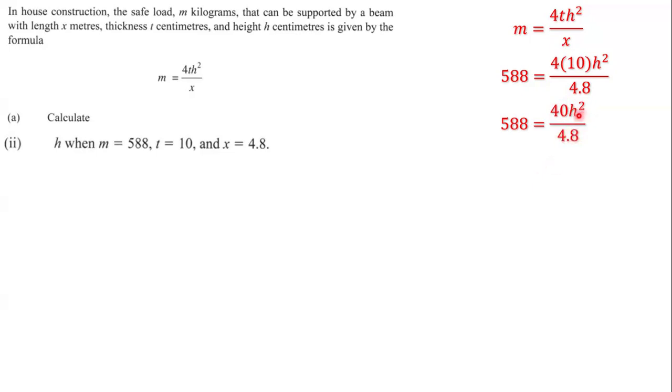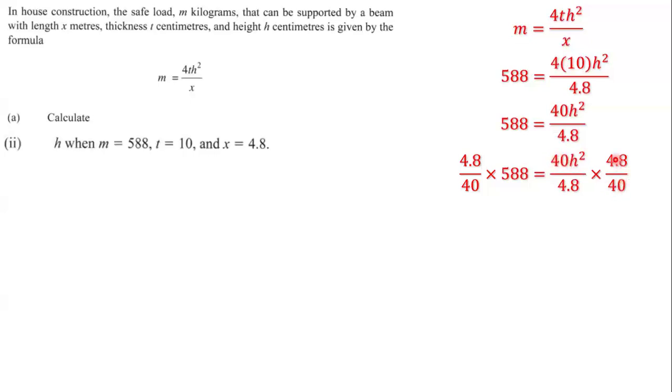And remember, our goal is to solve for H squared. And so what we have to do here is we multiply both sides of this equation by 4.8 over 40. And the reason why we do that is because we want to get rid of the 40, and we want to get rid of the 4.8. And so in order to get rid of the 4.8, we use 4.8 on the top. And in order to get rid of the 40 on the top, we have to put 40 at the bottom.